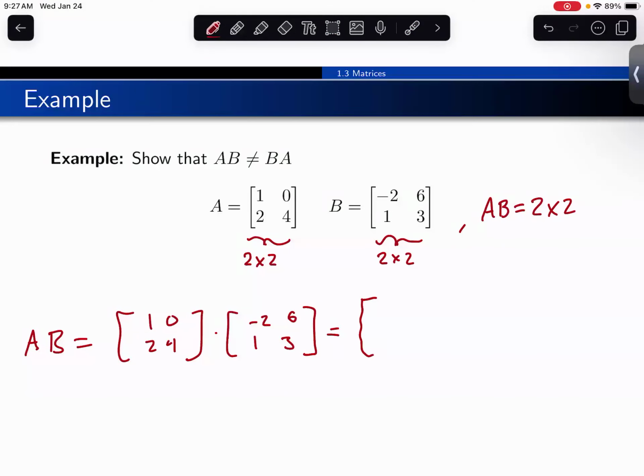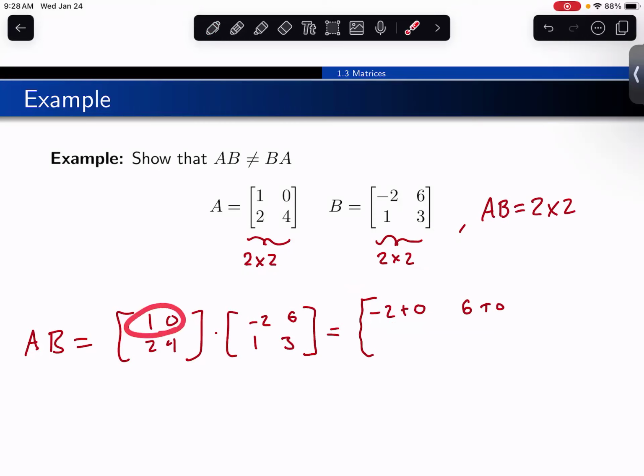So it's going to be minus 2 plus 0. The second entry in the first row is going to be 1, 0, dotted with 6, 3. So it's going to be 1 times 6 plus 0 times 3. So that's going to be 6 plus 0. And so this is the new first row.